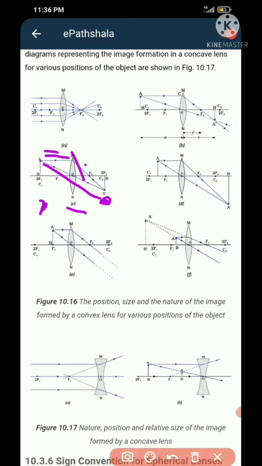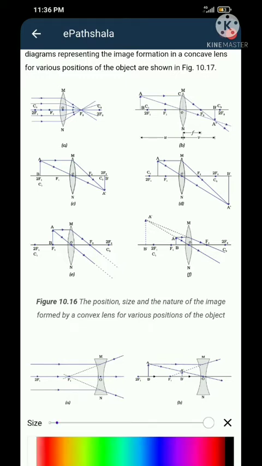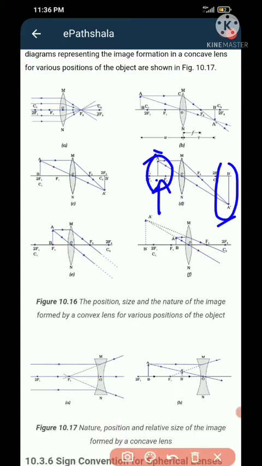Now move closer. Closer means your object is placed between 2f1 and f1. Somewhere here. The same, one ray through the optical center, another parallel. So they meet beyond 2f2. And by looking at the figure, the image size is bigger than the object. Okay, now move to the next case, case E, which is closer than the third one.